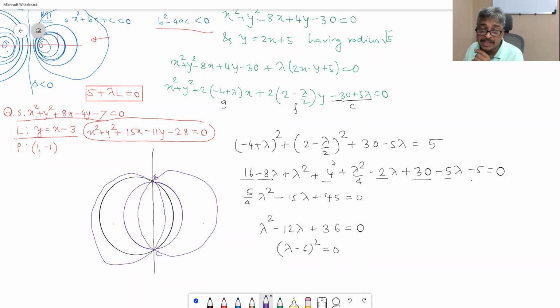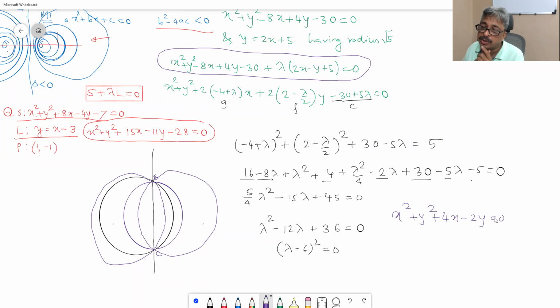In this family of circles that we have written, what is the smallest diameter circle? The circle with BC as a diameter. That is what this circle is. Whatever we have found out, x square plus y square plus 4x minus 2y is equal to 0. This is the smallest circle in this family.